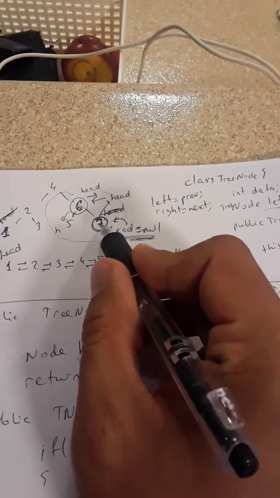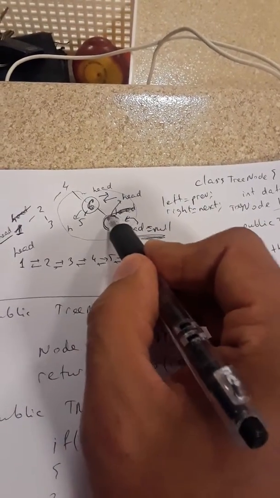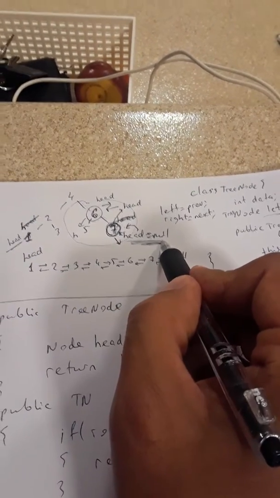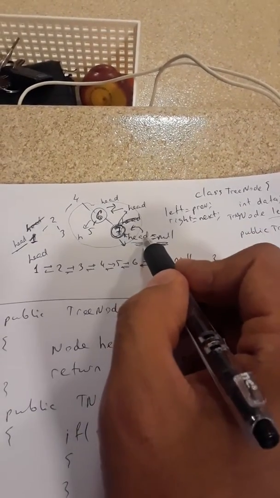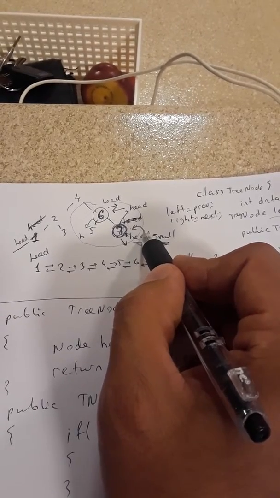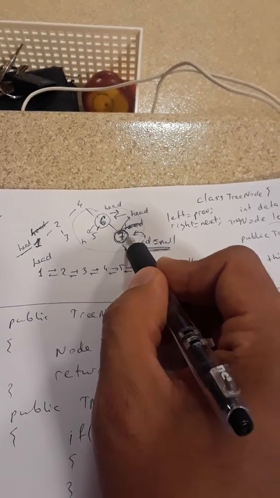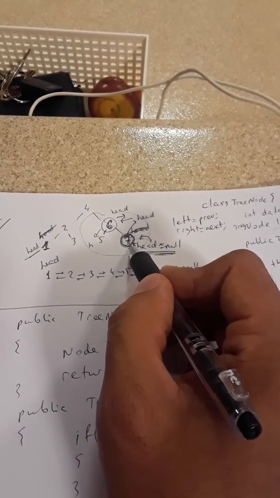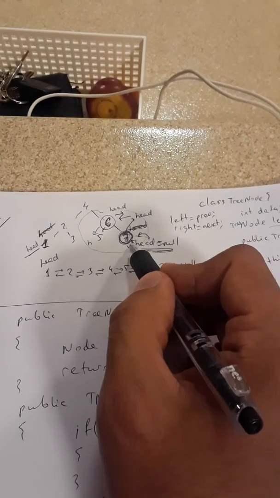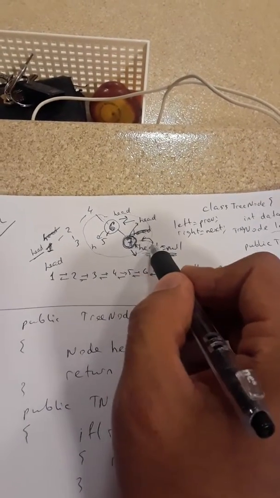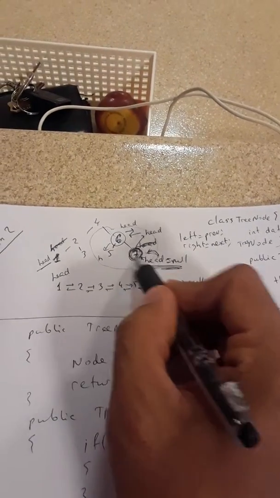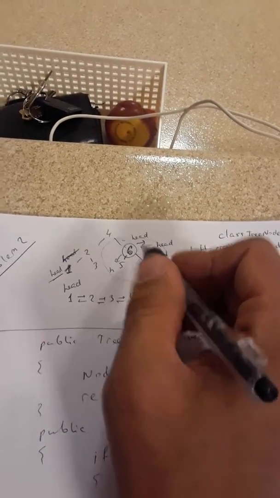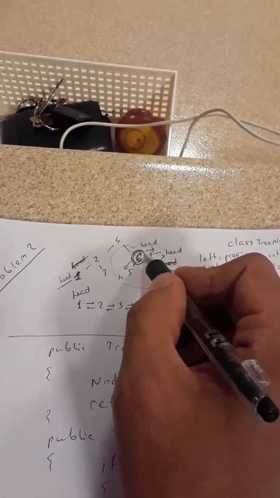When we reach our rightmost node, then we will declare our head as null, and then our head's previous will be pointing to our rightmost node. Our rightmost node's next pointer will be pointing to the head, and then we will move our head to the node itself, and the same thing will be done when we consider this node.